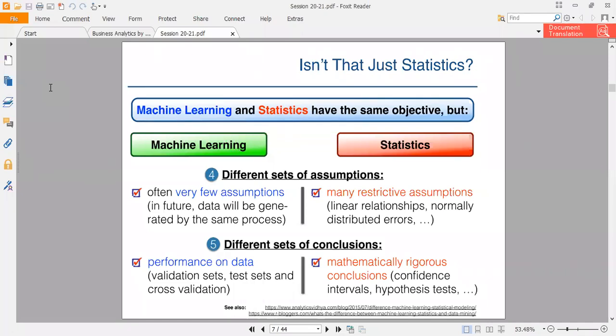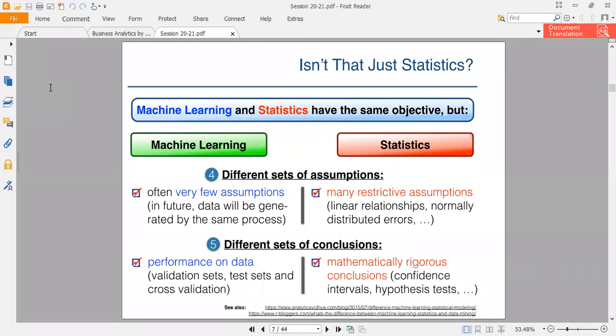So it's more practical in that sense as well, that the results that you get are going to be more realistic, because there won't be that many theoretical assumptions about your data. The only assumption that you still require is about the process that you have used to get your current data.